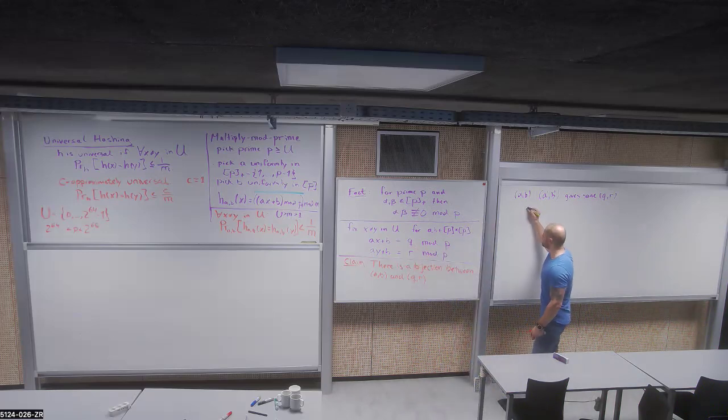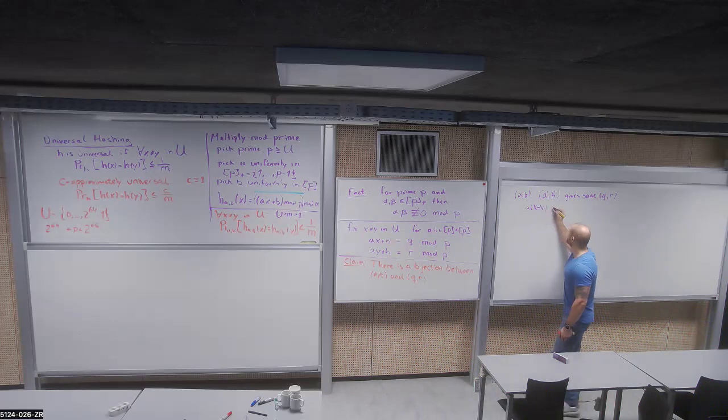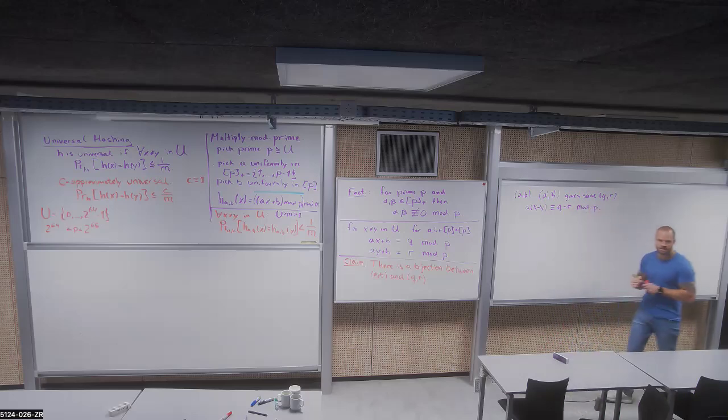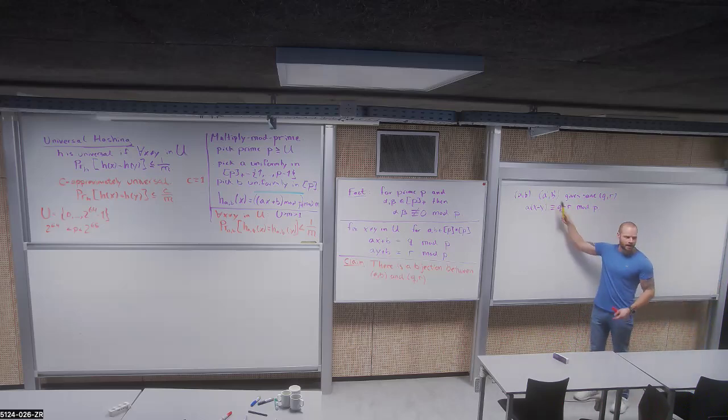So then I get A times X minus Y is congruent to Q minus R mod P. I can do the same with A prime and B prime.